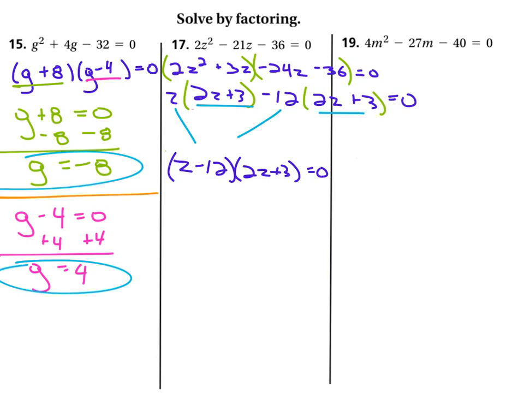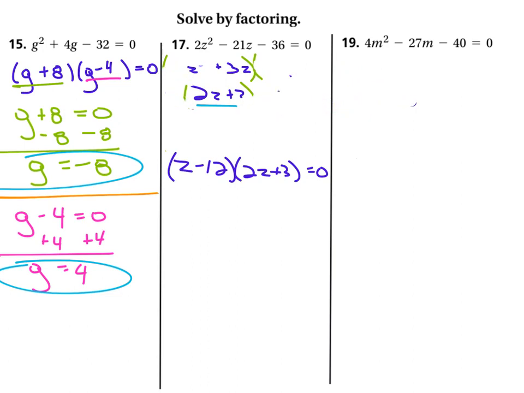So I'm going to erase the work that we did to get there. Hopefully you followed that. If not, rewind it and watch. I'm going to take all this work away that we did to calculate those numbers, and I'm going to move them up. And we've got z minus 12 times 2z plus 3.